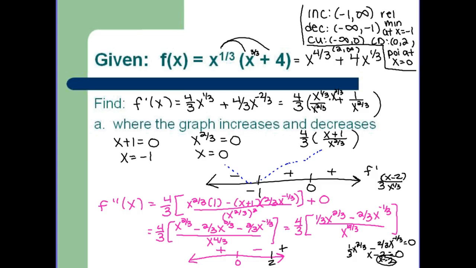Up here, if you didn't create your common denominator, you would have lost the x minus 1. Because you had 2 separate fractions, it's easy to say, oh, 0 works, but you miss that extra piece. So create that common denominator, because then you're not going to miss your extra piece.